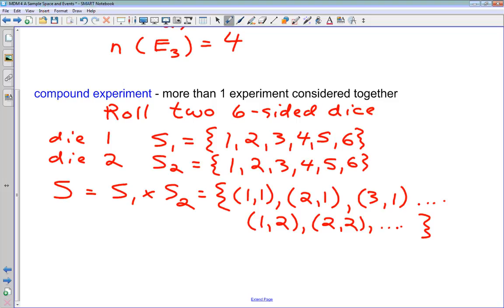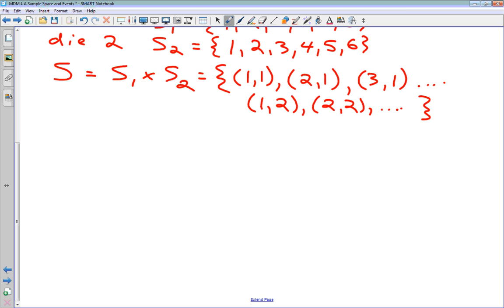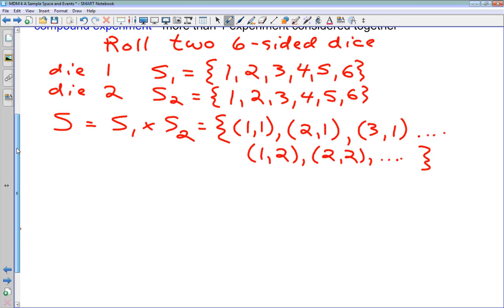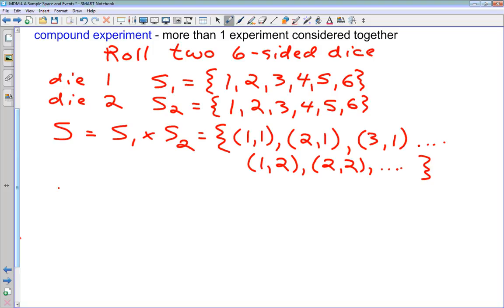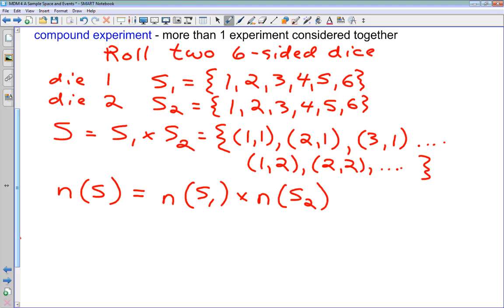Now, what if we are just interested in the cardinality of that sample space? In other words, the number of elements in our sample space S. Well, we're going to take the number of elements in our first sample space for die 1, and multiply it by the number of elements in the sample space for die 2. Okay. How do we know that we're supposed to do this?